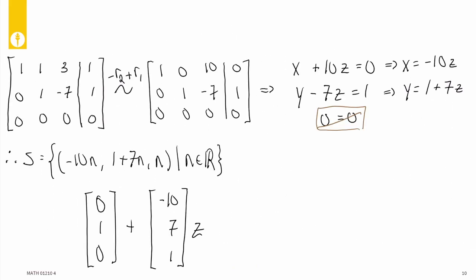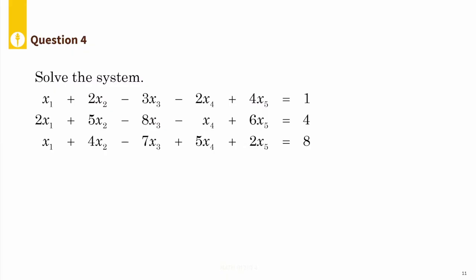So we got one more. System of 3 equations and 5 unknowns. Can this have a unique solution? No, it's not square. No, it cannot.